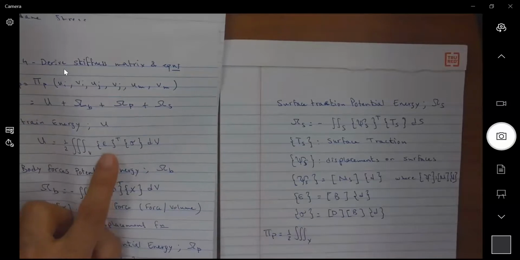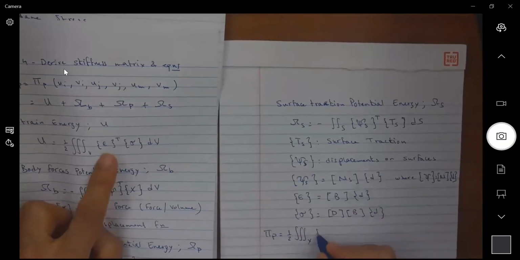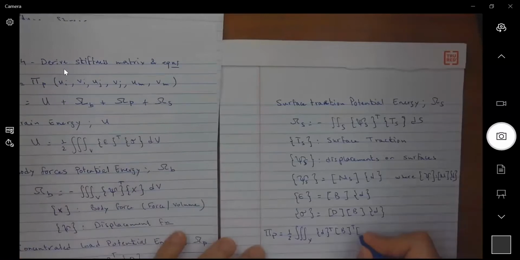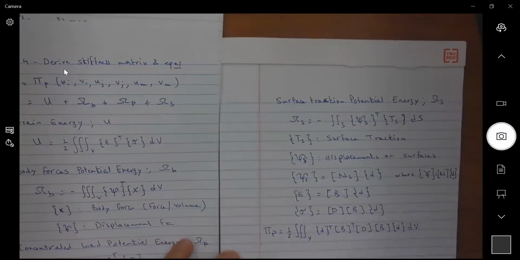For epsilon transpose, I will have D transpose times B transpose. And then for sigma, I'm going to have D times B multiplied by D dV, right?